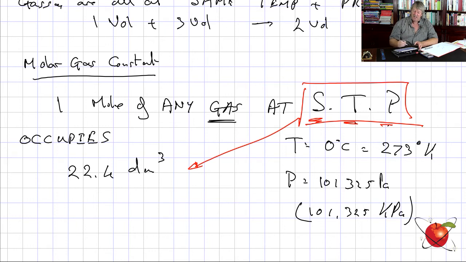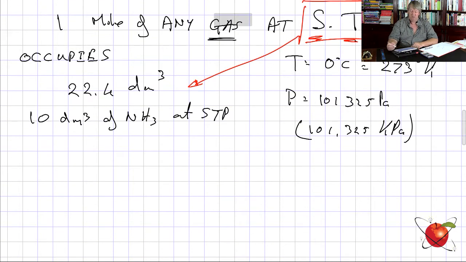Let's say we have 10 decimeters cubed of ammonia, NH3, at STP. Calculate the number of moles of the gas.